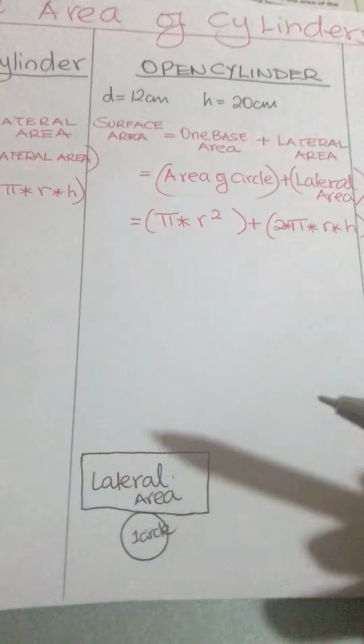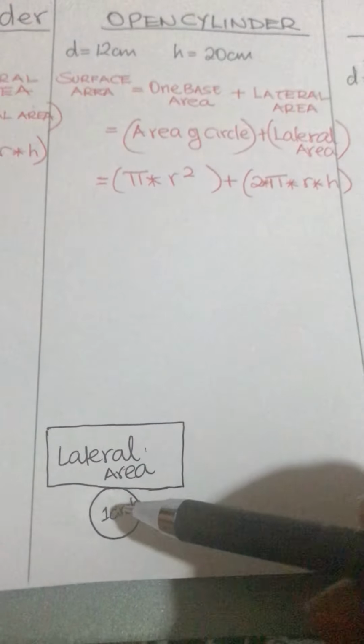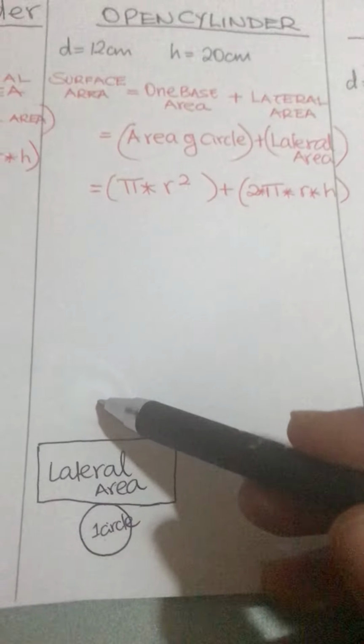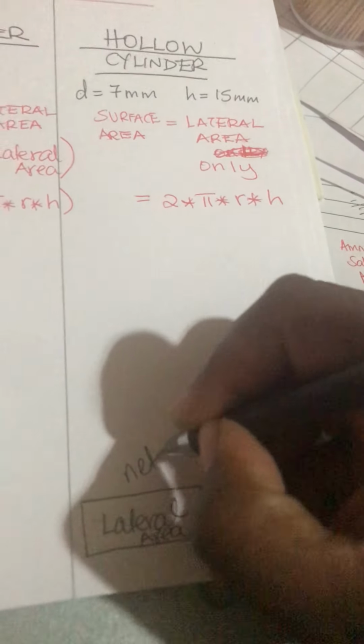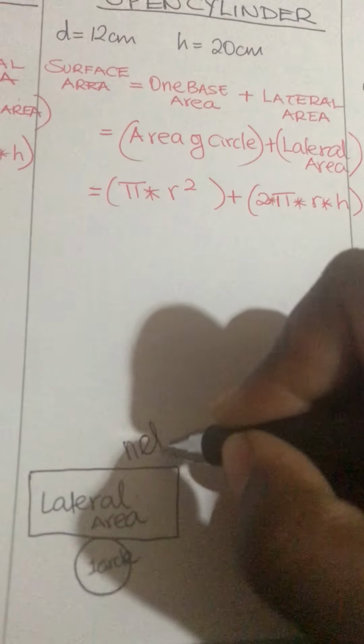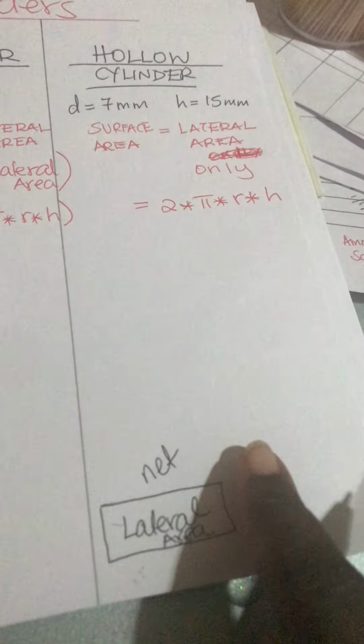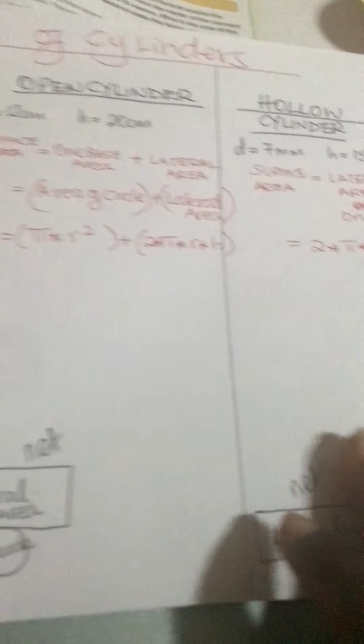The net of an open cylinder will be the lateral area and one circle, either at the bottom or at the top. The net of the hollow cylinder is just the rectangular piece.